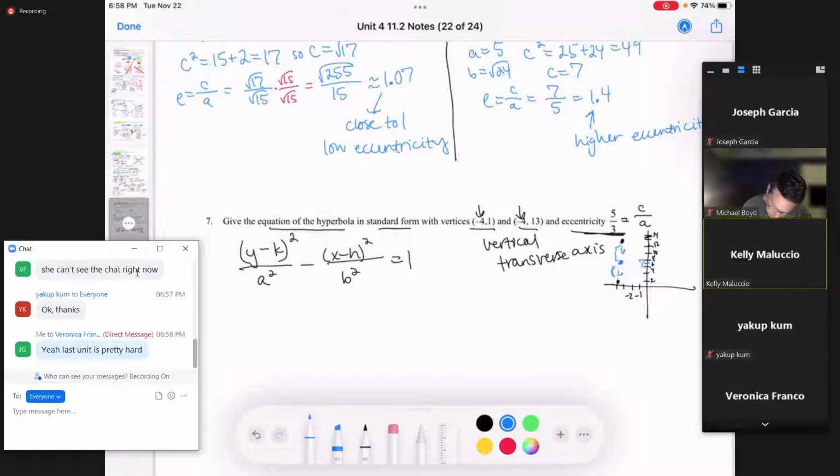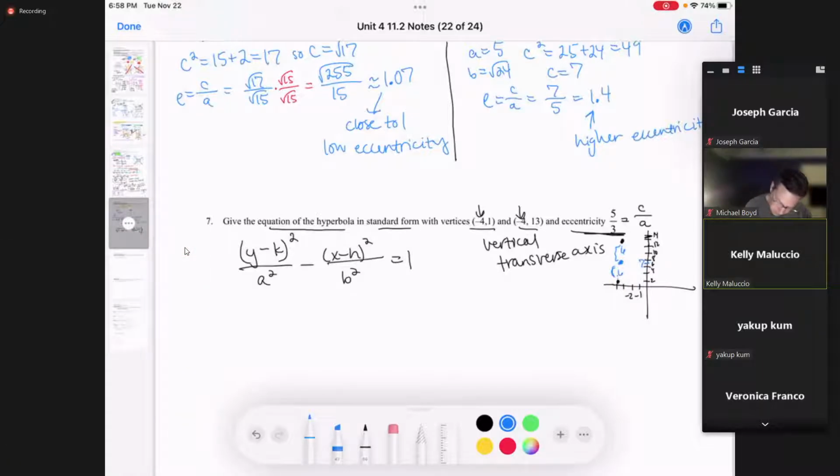So h, k is -4, 7, since this is clearly the part of the vertex axis, and this axis is going to be our transverse axis. So -4, 7 is our center.